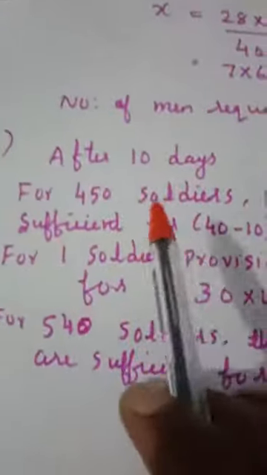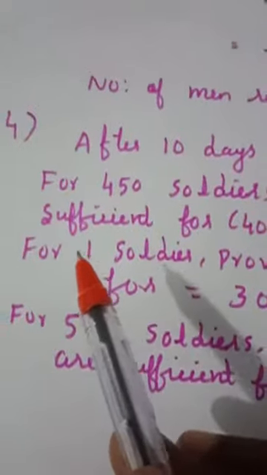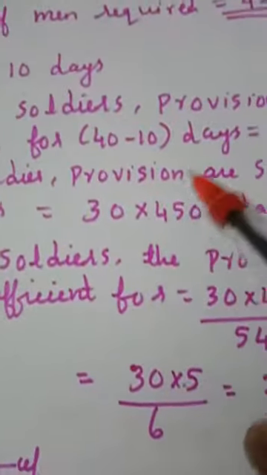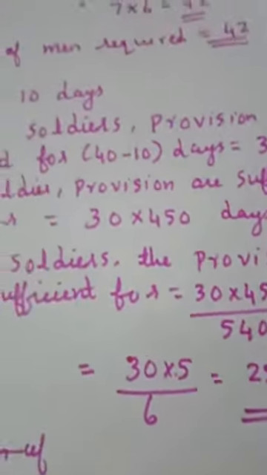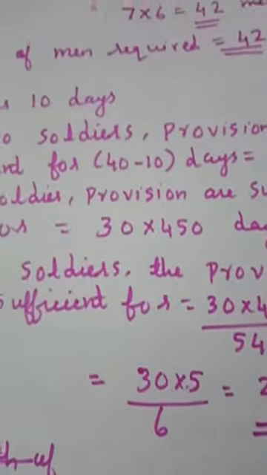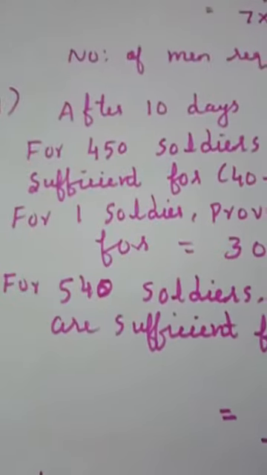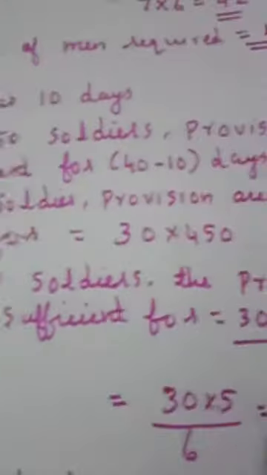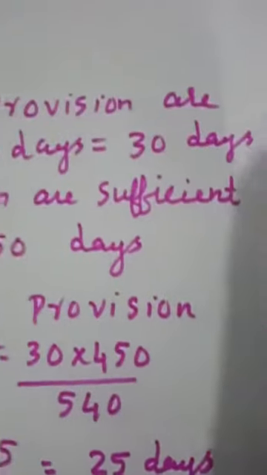This is for 450 soldiers. Now, according to the unitary method, for one soldier, the provision is sufficient for 30 into 450, because it is an inverse relation.